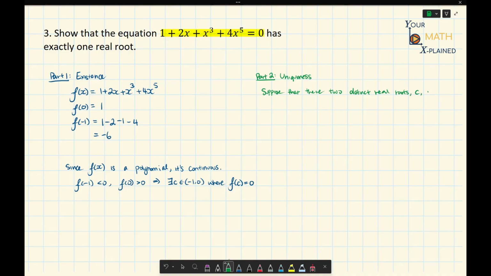c and d. So this means we would have f of c is equal to 0 and f of d is equal to 0.